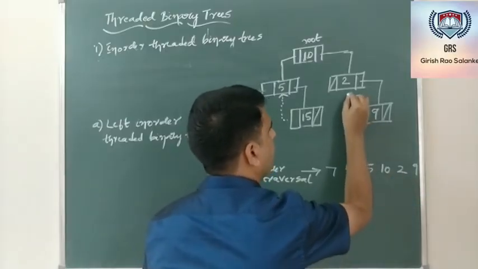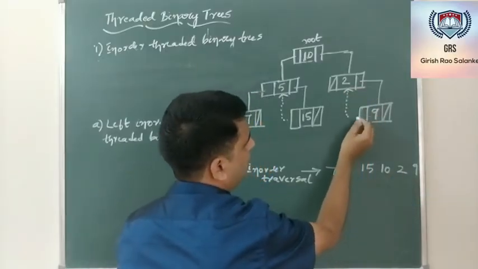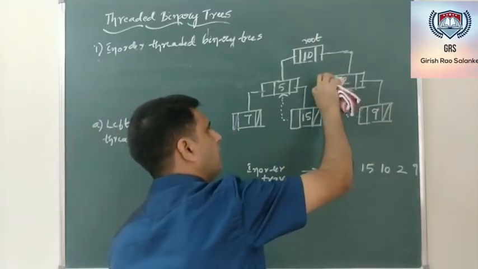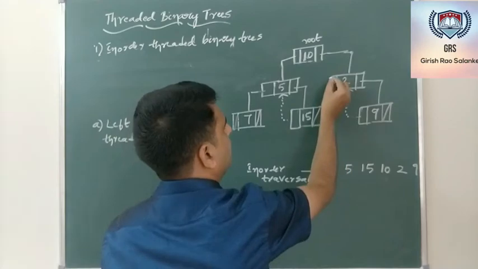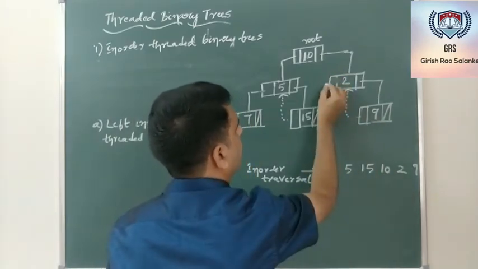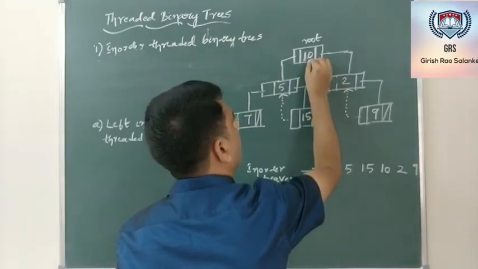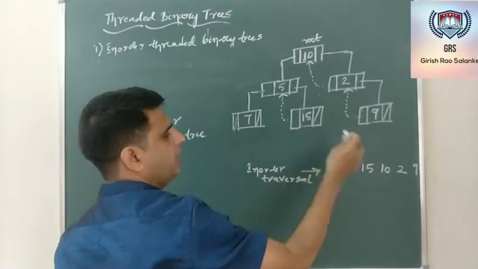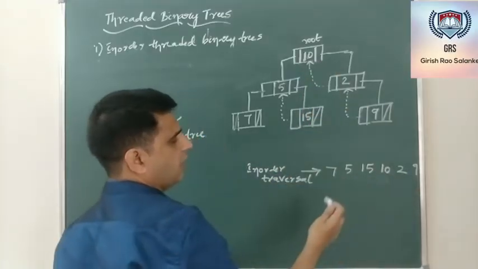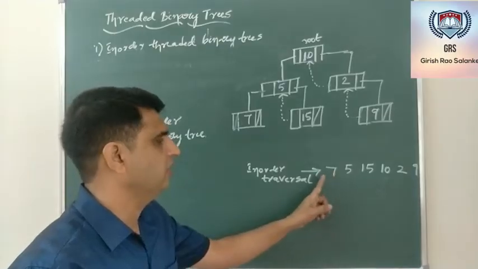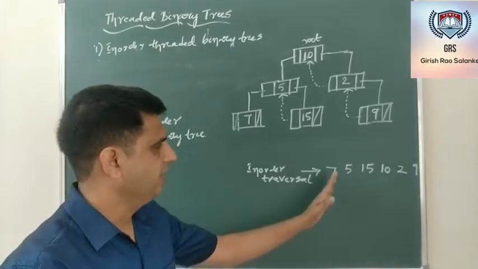So I will make the left of node 9 hold the address of 2. Now there is one more null in node 2. Predecessor of 2 is node 10. So node 2 left address is pointing to 10 because 10 is the predecessor of node 2. Now coming to predecessor of node 7, node 7 does not have any predecessor.